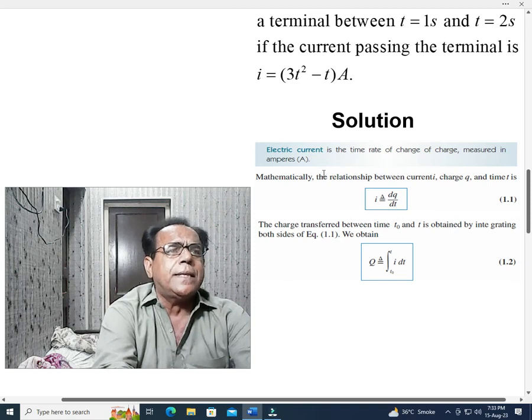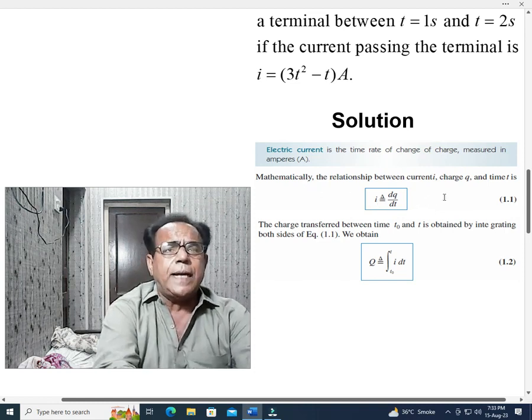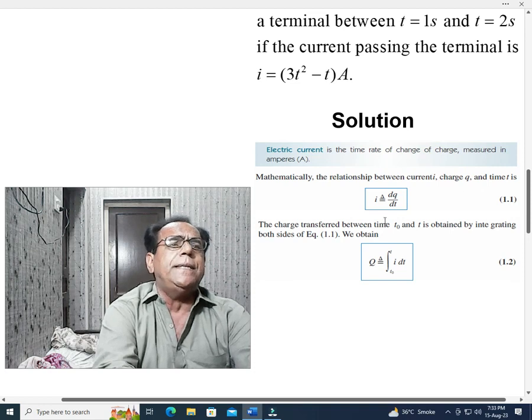Okay, electric current is the time rate of change of charge, measured in amperes. Mathematically, the relationship between current I, charge Q and time t is I equal to dq over dt. Okay, dear students, here above the sign of equality there is a delta sign, del.